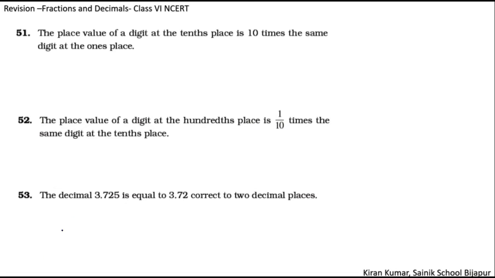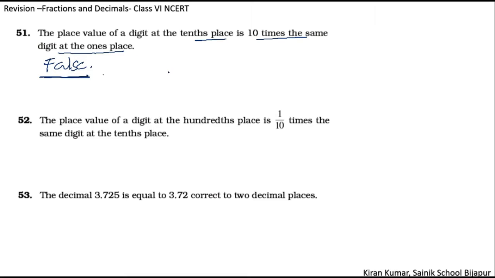Statement number 51. The place value of a digit at the 10th place is 10 times the same digit at the 1st place. Actually, this statement is false. The reason is it will be 1 by 10 times, it will not be 10 times.